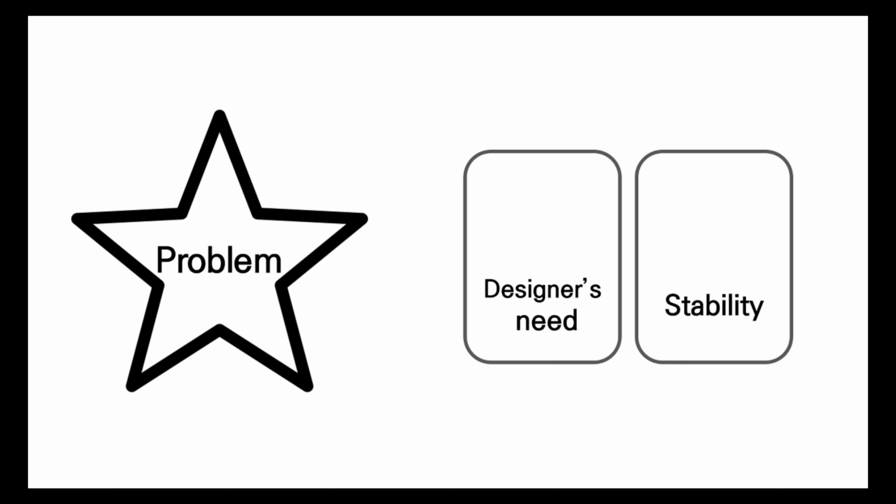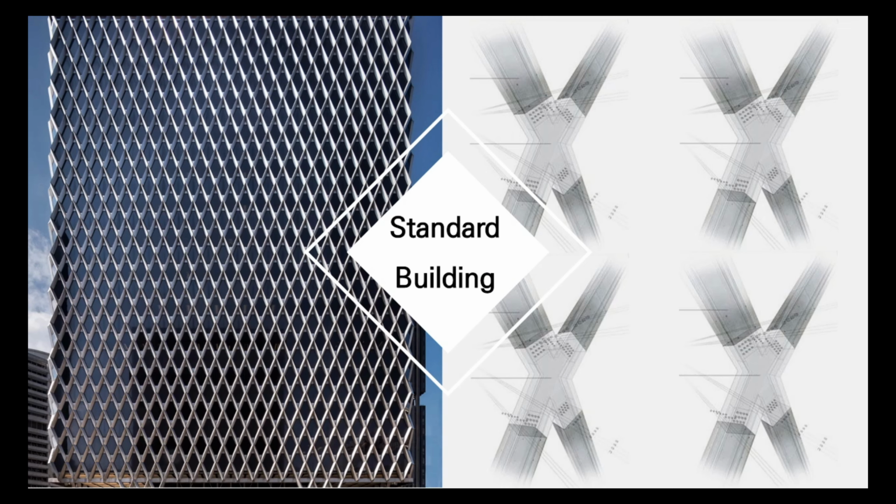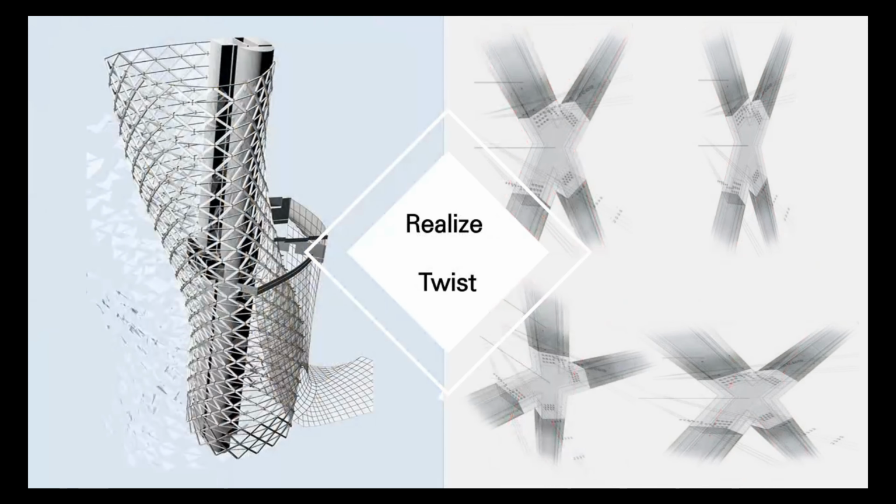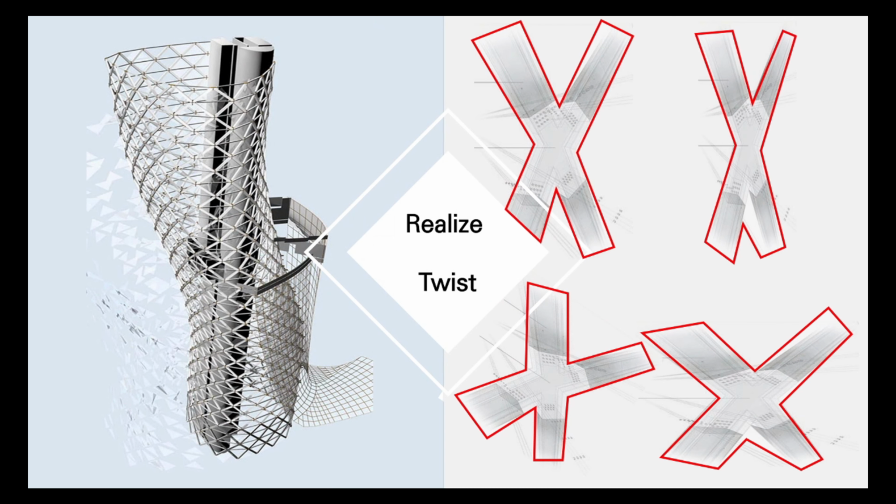The problem was that they had to fulfill both the designer's needs and the structural engineer's responsibility to secure the stability. If it were a normal standard building, they could use the same diagrid with uniform size and angle, but to realize the twist, it was indispensable to use all different diagrids with their unique geometric shapes.